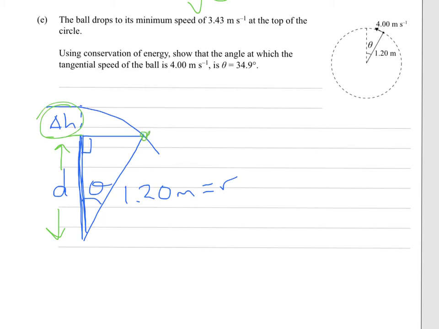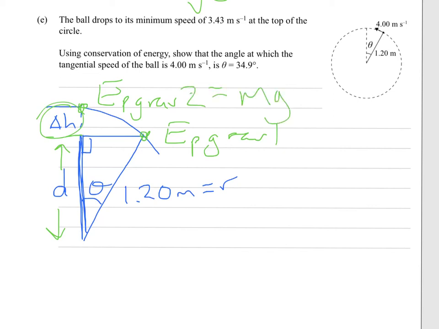The best way to find the change in height is to look at the gravitational potential energy at this point and the gravitational potential energy at the top. We'll call them 1 and 2. So that one's pretty easy.